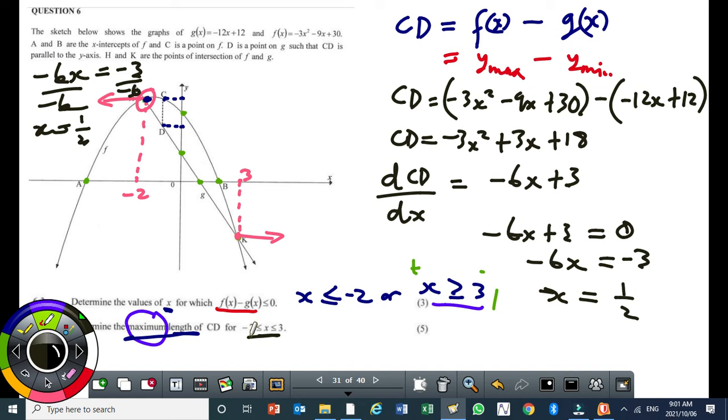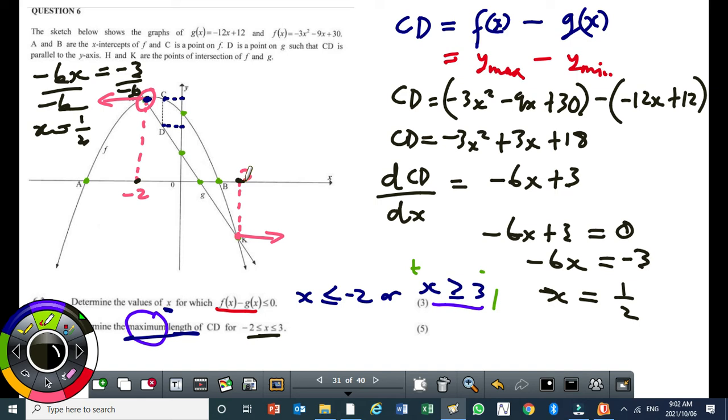This restriction here tells you that when you solve for x, for you to get the maximum length of CD, your x value has to be between minus 2 and 3. That's what it means. Check where minus 2 is. Minus 2 is here, and 3 is there. So to get the maximum distance, x must be between minus 2 and 3.